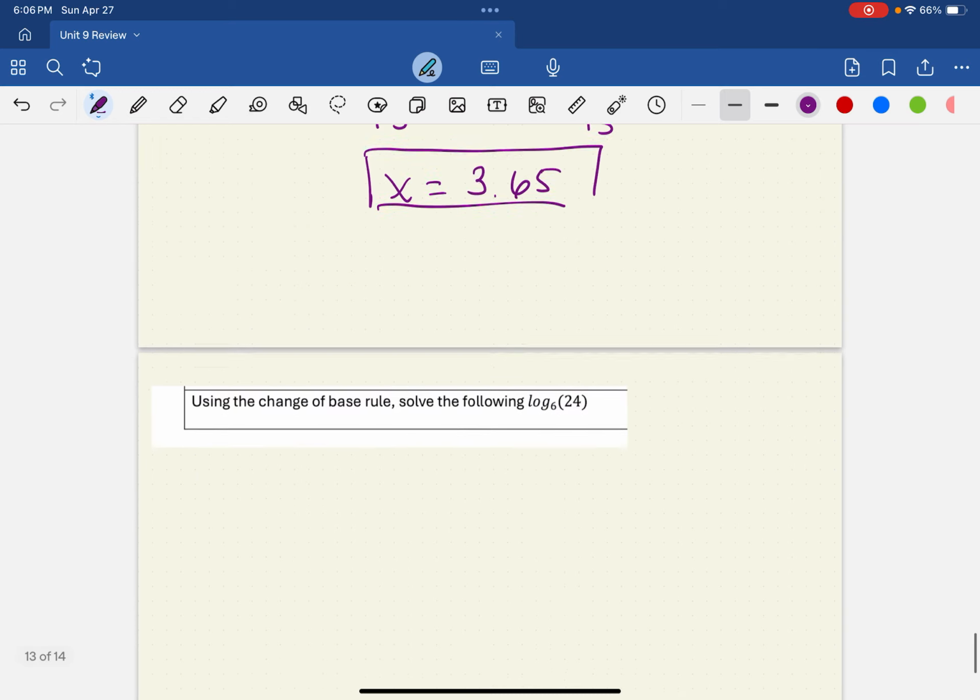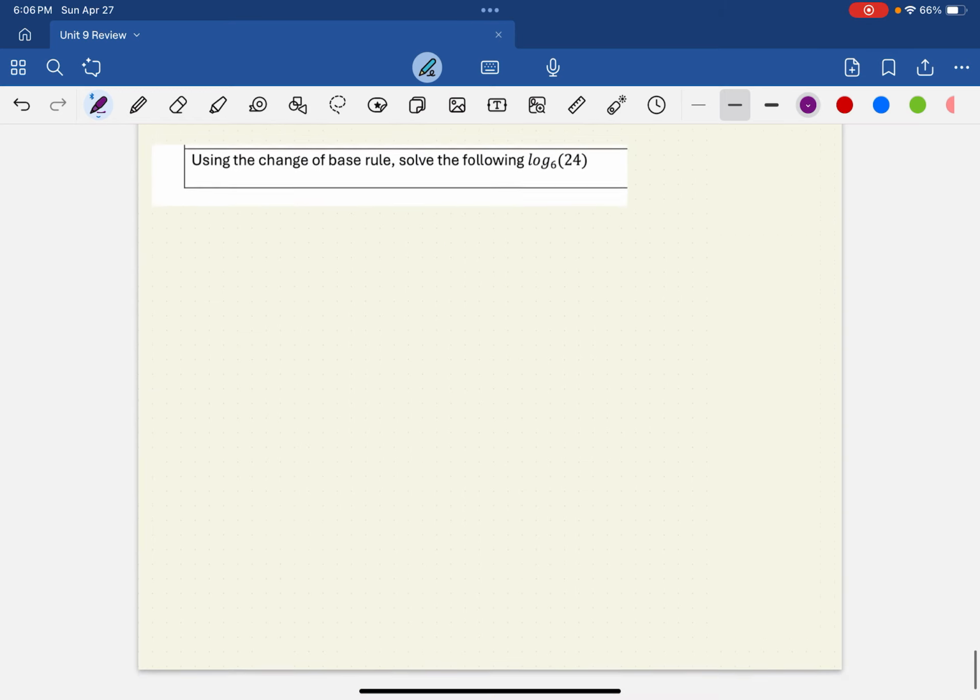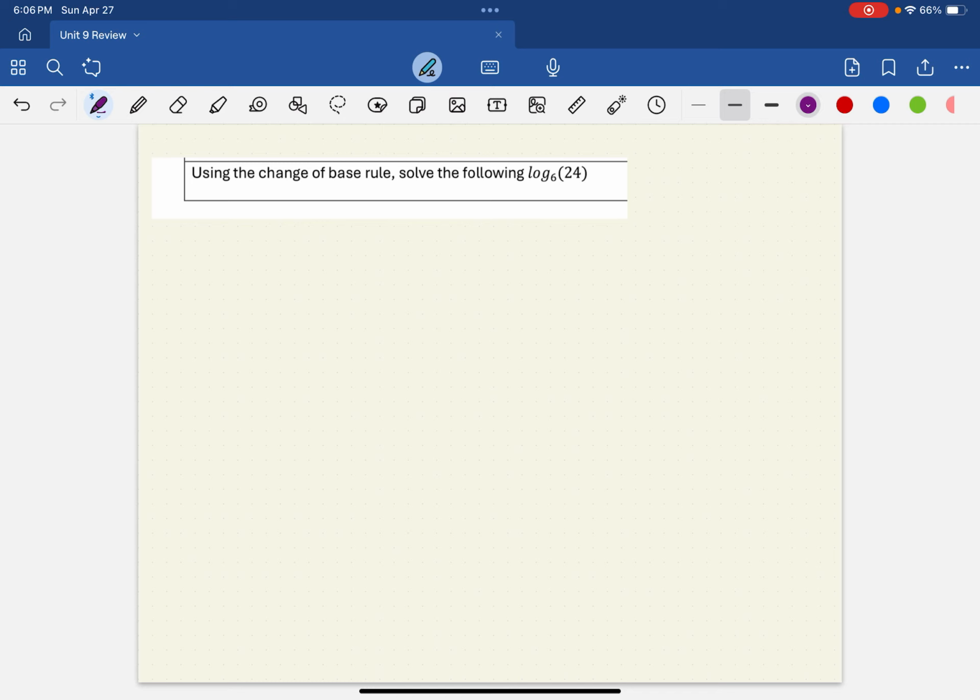Okay, next and last, actually. So we have our problem using the change of base rule, which tells us log base B of A, we can do log A divided by log B to get our answer.